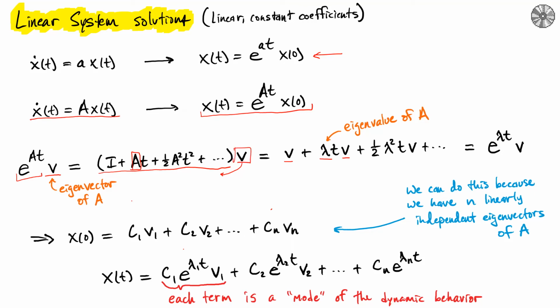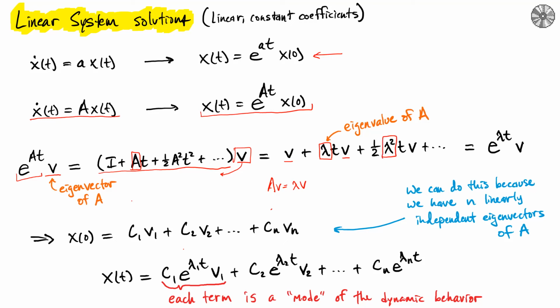We use the fact that Av is equal to lambda v, the eigenvalue-eigenvector relationship, in order to produce this lambda. And if we have A squared, this means that we're going to get lambda squared here.